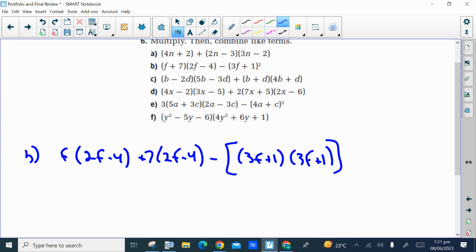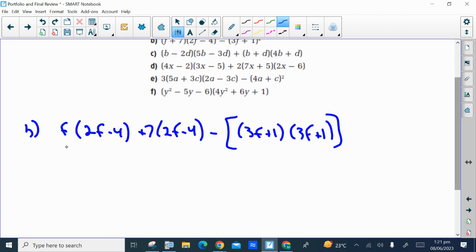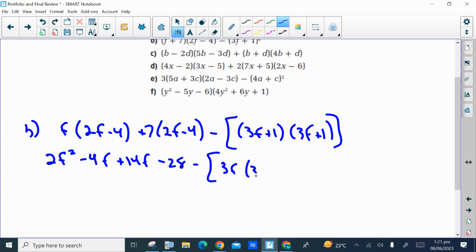And notice I've used those big square brackets because order of operations say we multiply first before we subtract. So I'm going to get 2f squared minus 4f plus 14f minus 28. And now I'm going to use the distributive property here. So negative 4f plus 14f is positive 10f.